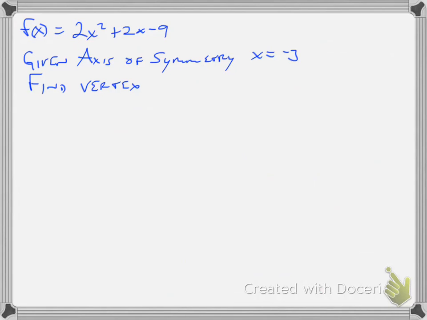Well, okay, I'm going to have to change that. The axis of symmetry is -1/2. And I want to be able to find the vertex if the axis of symmetry is x equals -1/2.